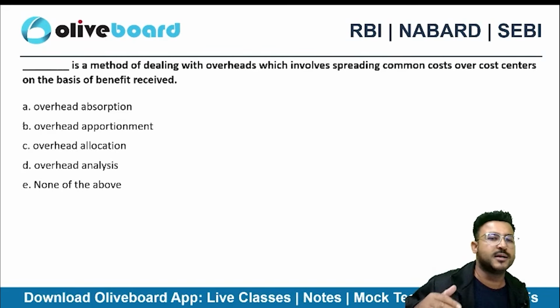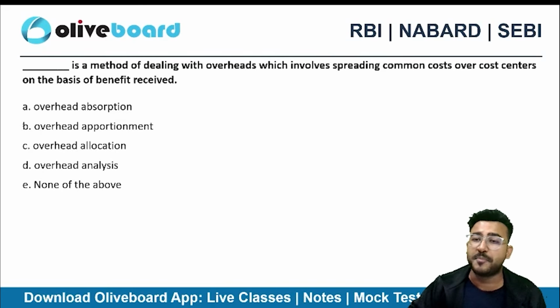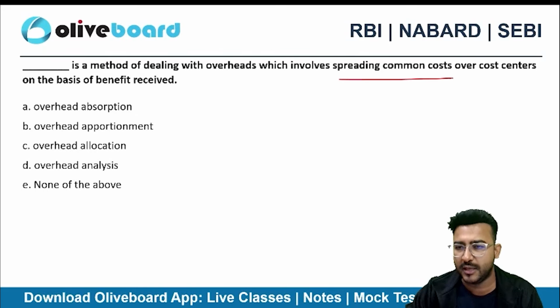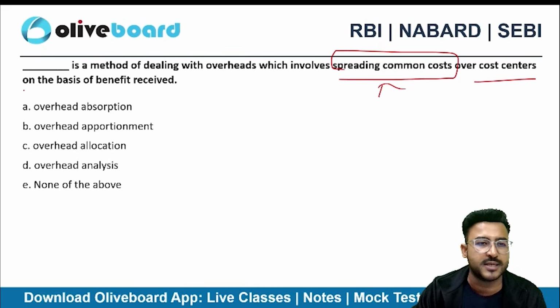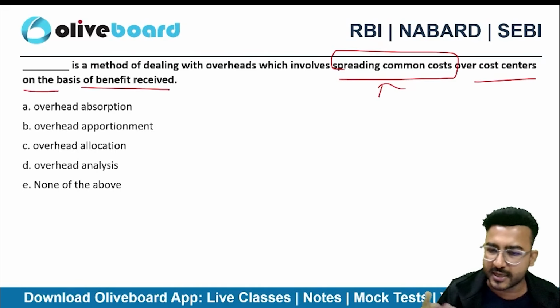Dash is the method of dealing with the overheads which involves spreading common cost. Keyword, spreading common cost over cost centers on the basis of benefit received or any other reasonable basis.